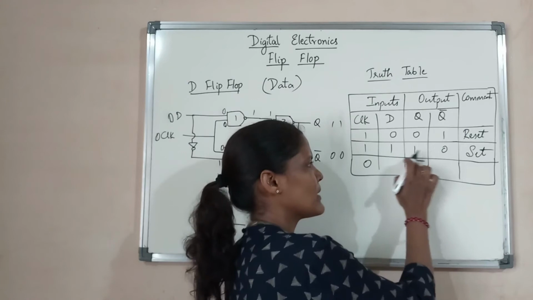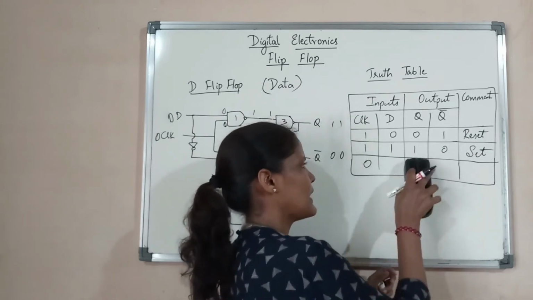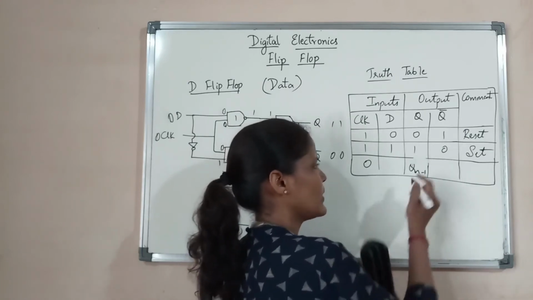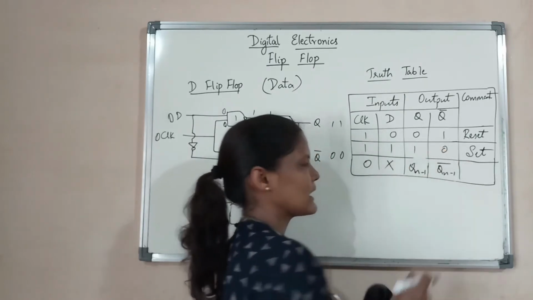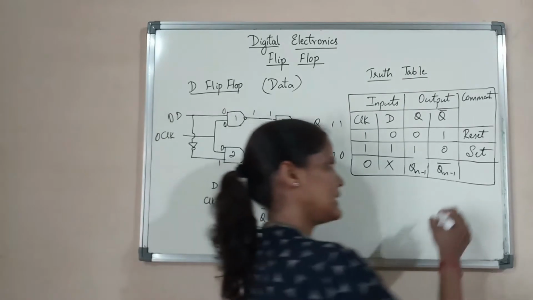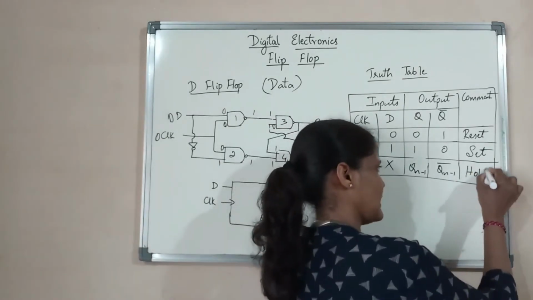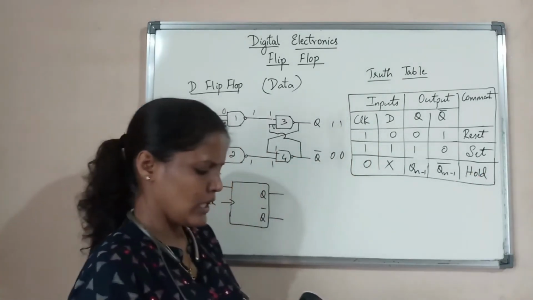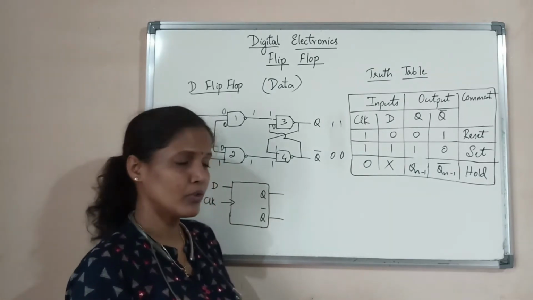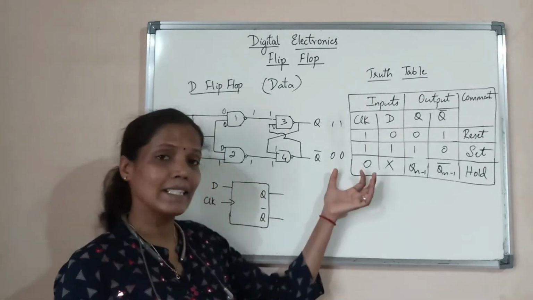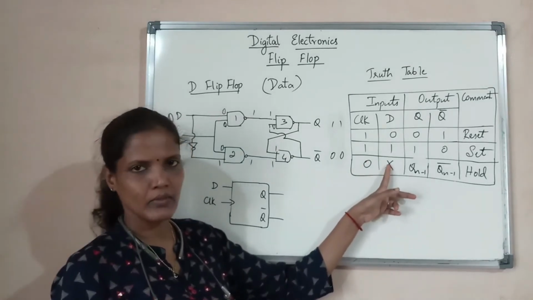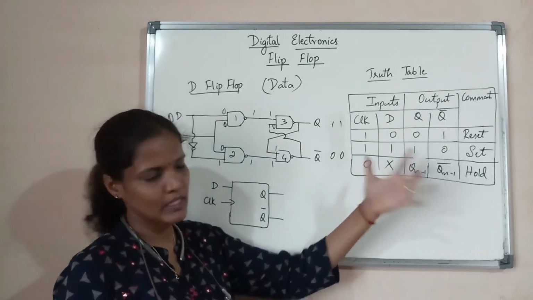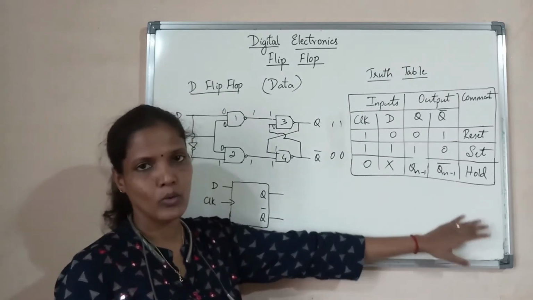So Qn minus 1 and Qn minus 1 whole bar. So this is X. I call this the hold condition. So when the clock pulse is equal to 0, when the clock is not enabled, irrespective of the condition of the input, the output will remain in the previous state, and that condition is called the hold state.